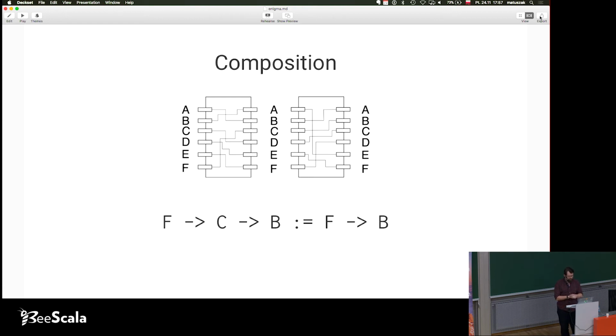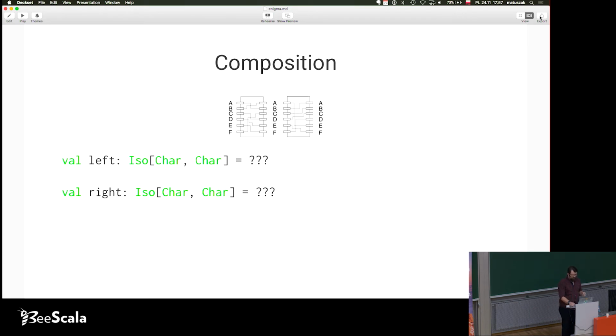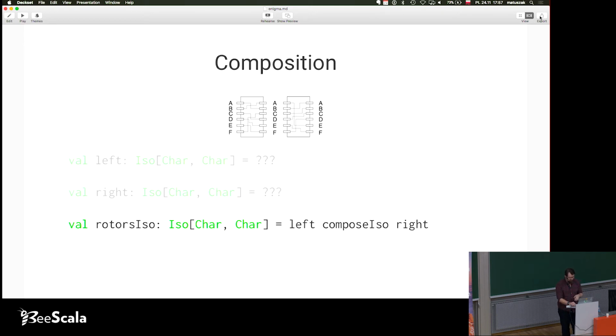If we have a mapping between input of the first rotor and input of the second rotor, and the output of the second rotor, it's the same as having the isomorphism between input of the first and output of the third. So again, we are defining the isomorphisms for left and right. We are skipping the implementation, and we can compose them.